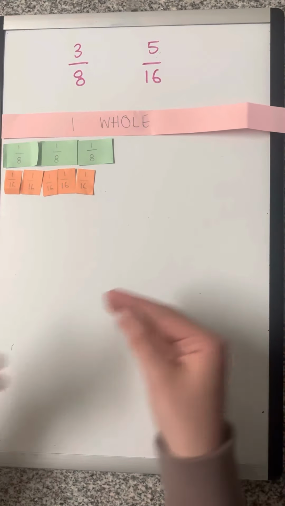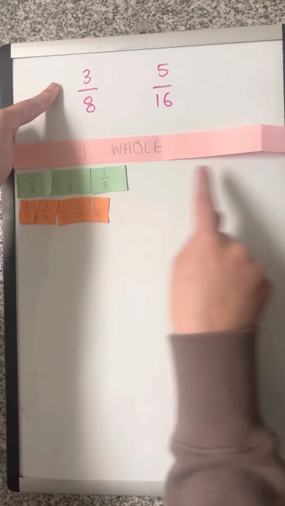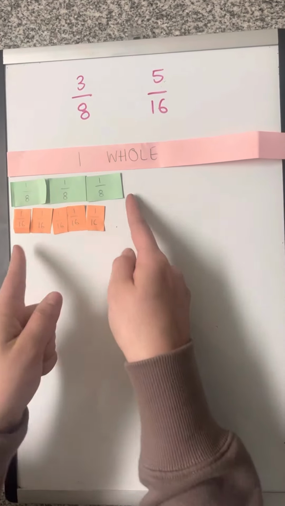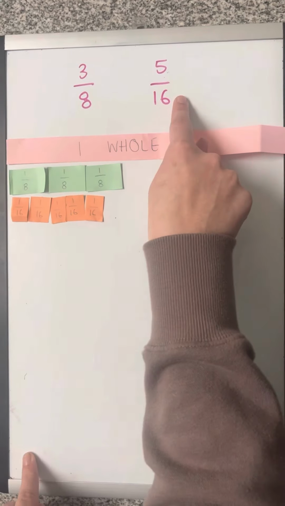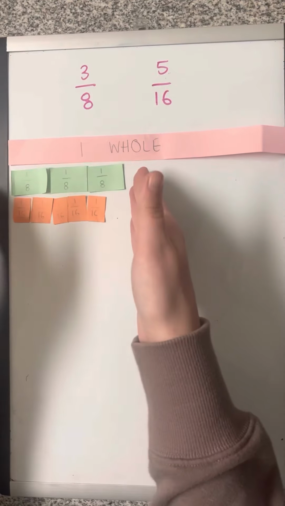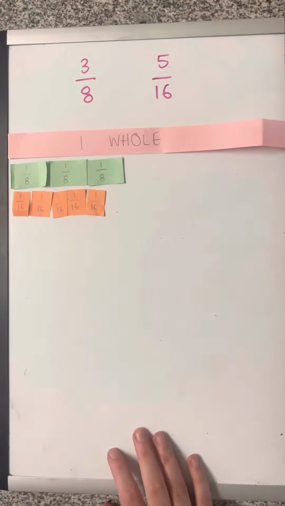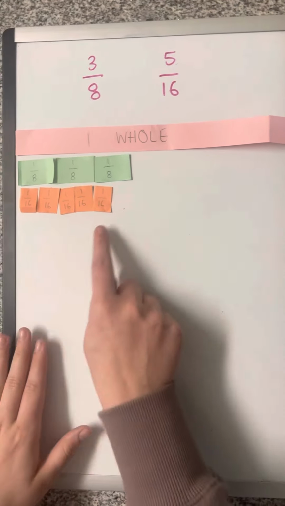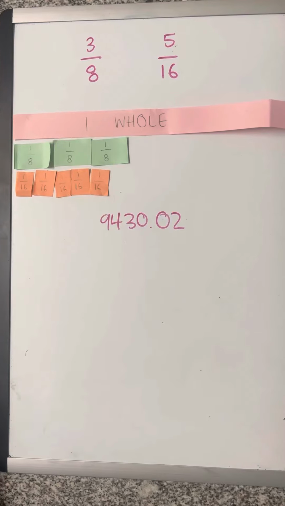But we have to think about it in the sense that in this one whole for this fraction, there are 8 pieces, so we already have 3 of those 8. In this fraction, this whole is 16 pieces and we only have 5. And so it's larger pieces of the whole. So 3/8 we can see visually, and if we also think about the fractions, that it is closer to a whole. Alrighty, let's get into problem 2.